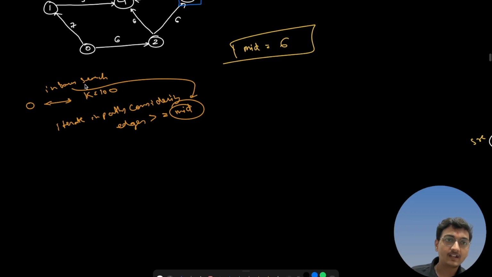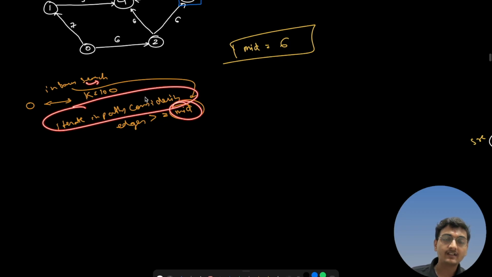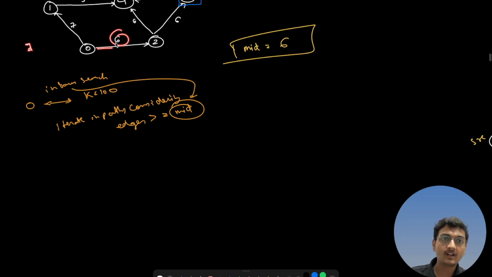I will take one mid from here and explore all the paths, but the path should have one condition: it should be greater than or equal to mid. If my mid is, let's say, 7, as soon as I get here, I will discard this path and I will not move here. I'll try to move here because this is 7. I hope that is clear.